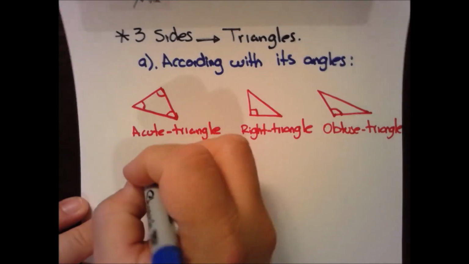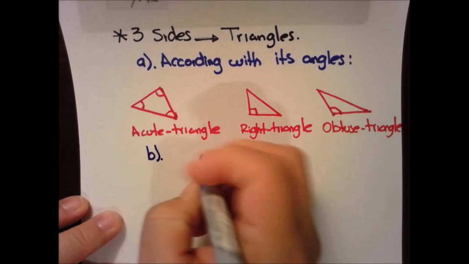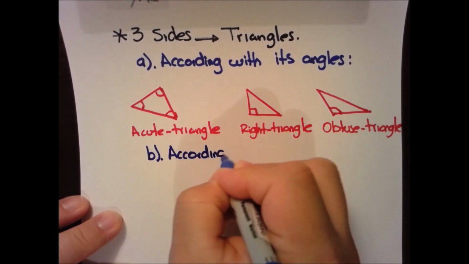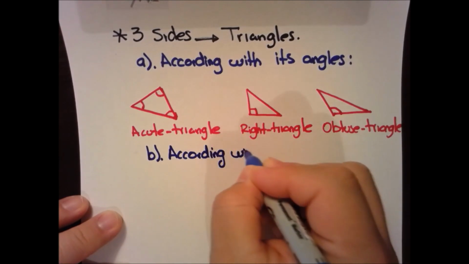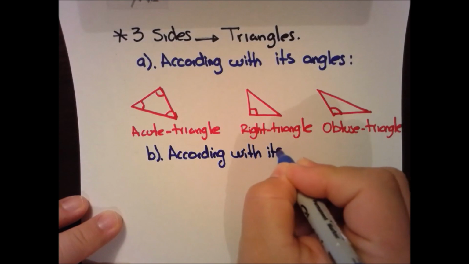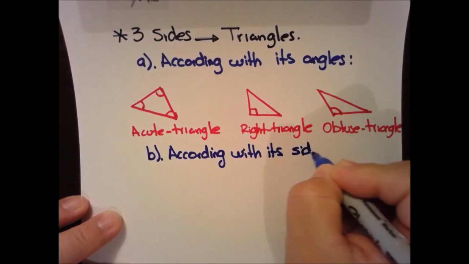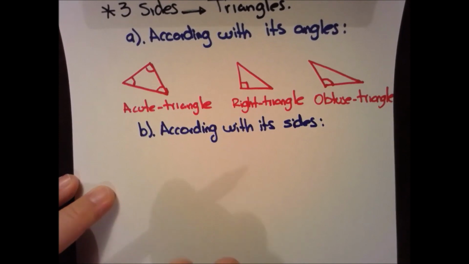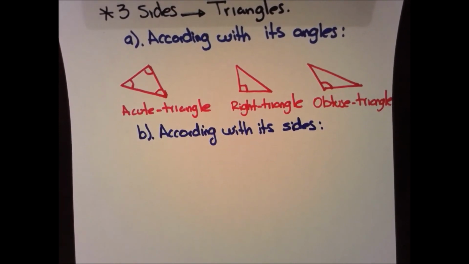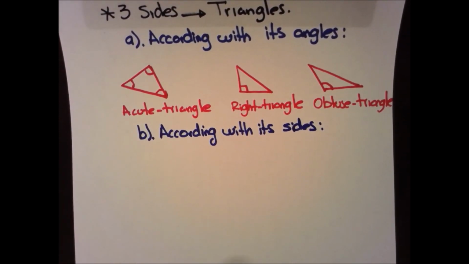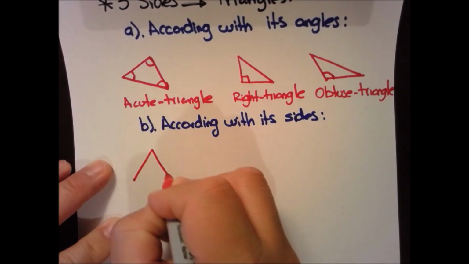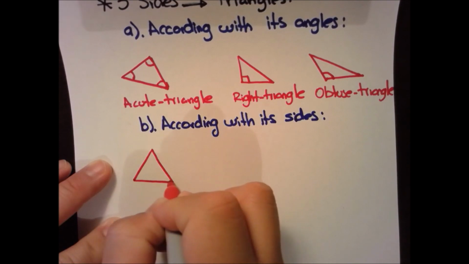Now the other classification is going to be according with its sides. Okay, now let's see the examples. First of all, we're going to have this triangle.